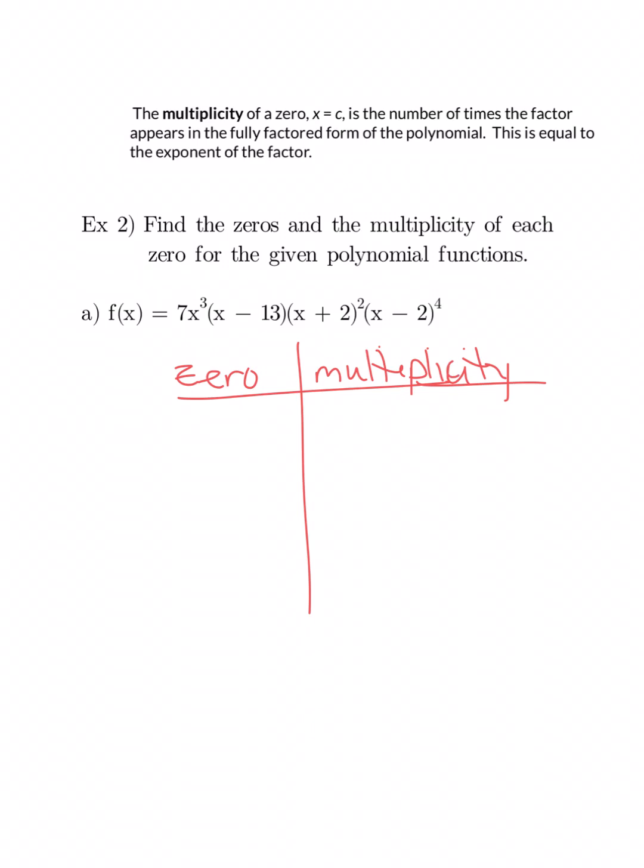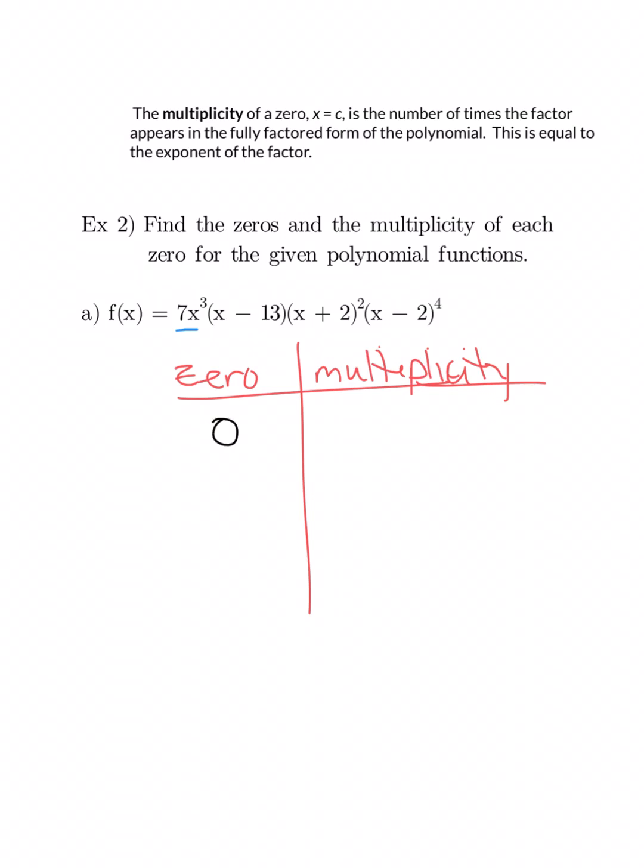This polynomial is already fully factored. So when we look at the first item of 7x cubed, we would use that to find a 0 because there is a variable there. What 0 would that give us? That always gives us a 0 of 0.